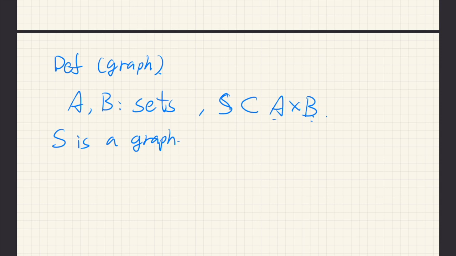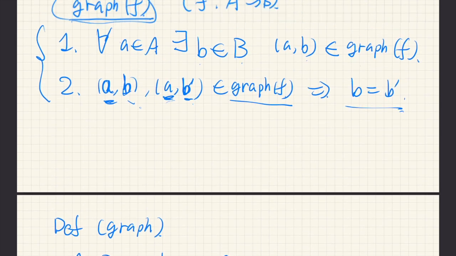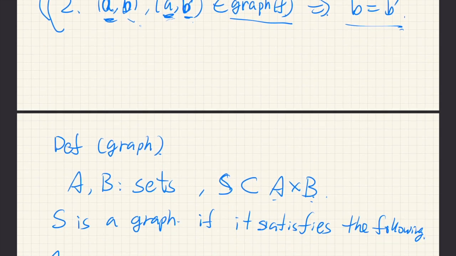Then we say S is a graph if it satisfies the following two properties. That is actually these two properties.